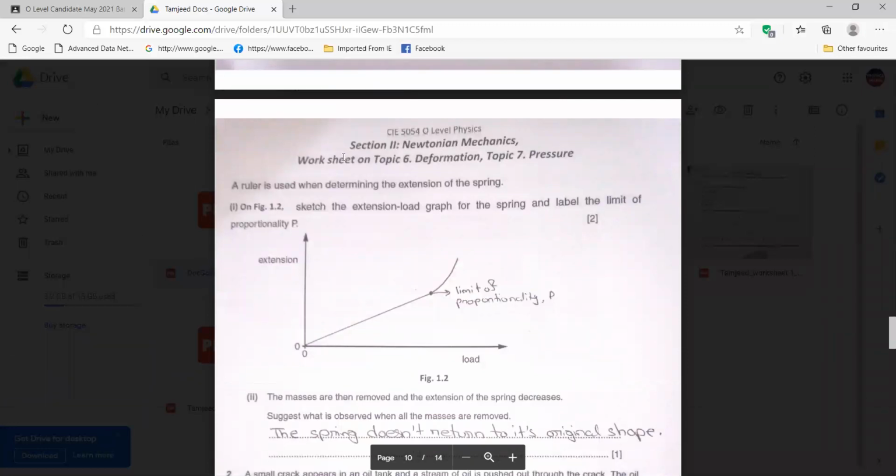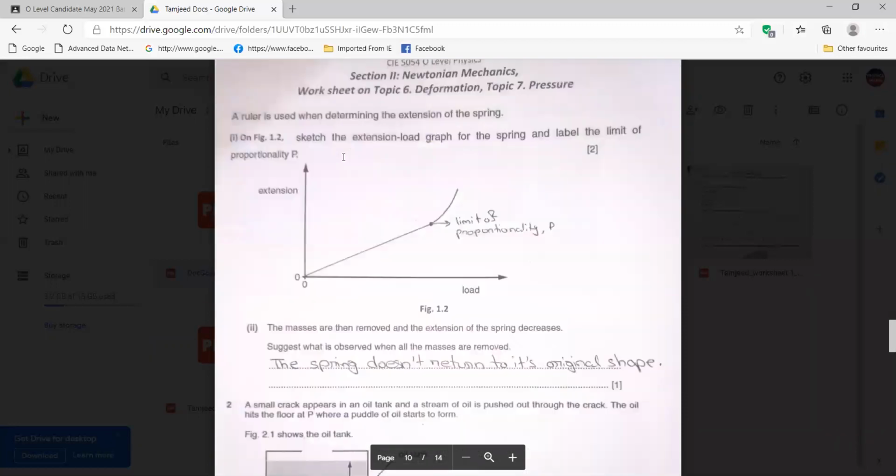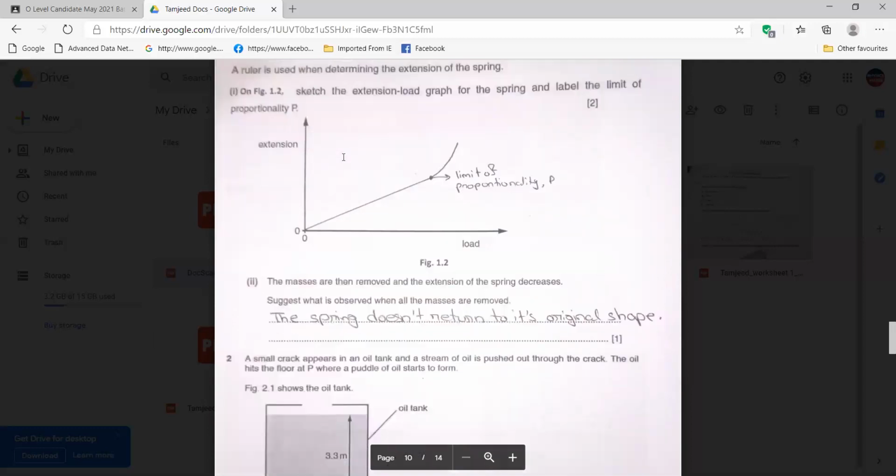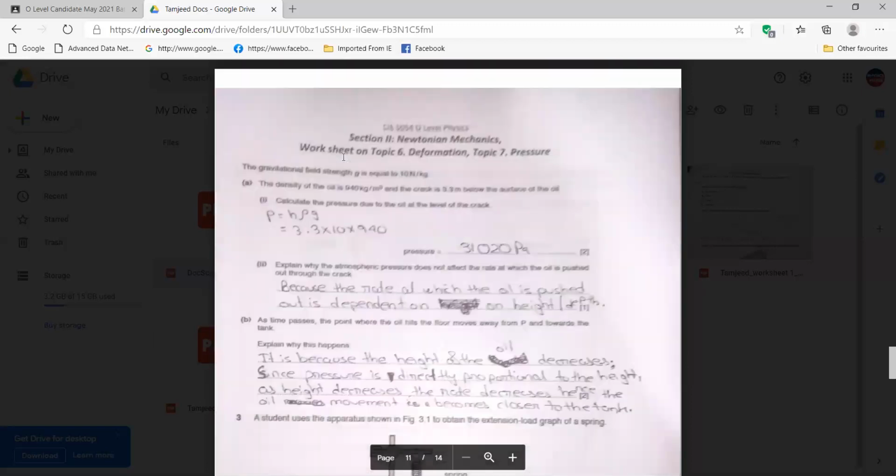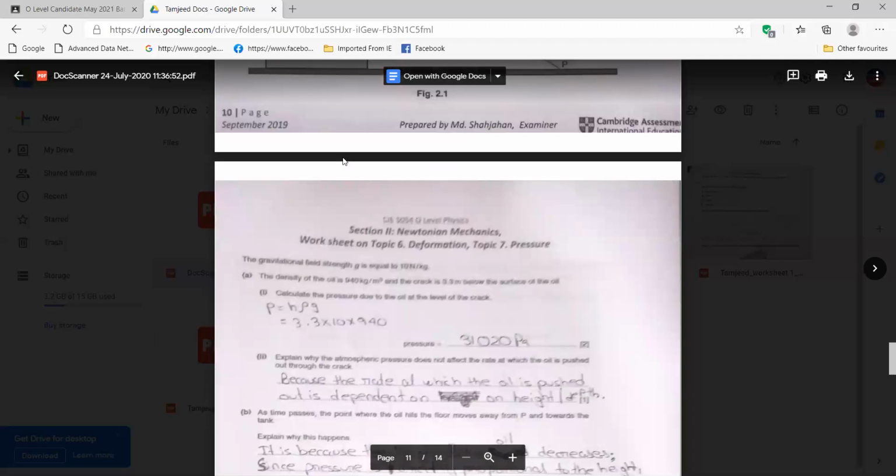And then B2 is the spring does not return to its original shape, and then density is 31020 Pascal. Then I wrote, because the rate at which the oil is pushed out is dependent on height or depth.